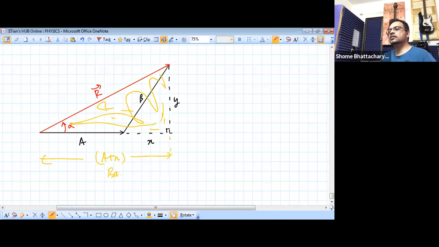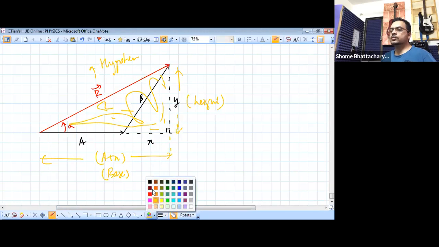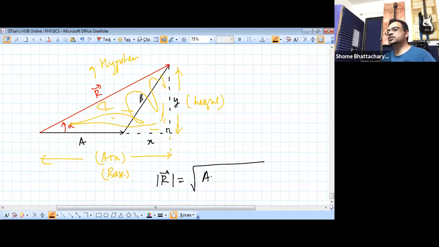This is the base of the triangle, and this is nothing but the perpendicular, or the height of the triangle. So this becomes the hypotenuse. The hypotenuse, which is the magnitude of that resultant, is the square of the base, a plus x, plus the square of the perpendicular. Okay, so this is my third equation.